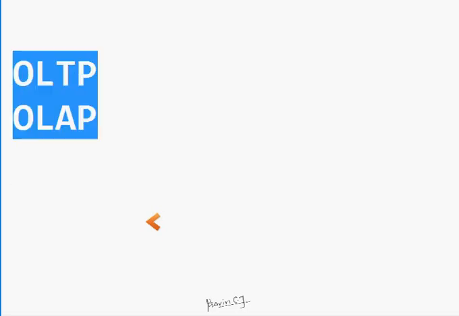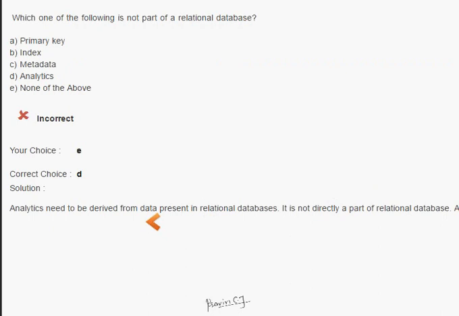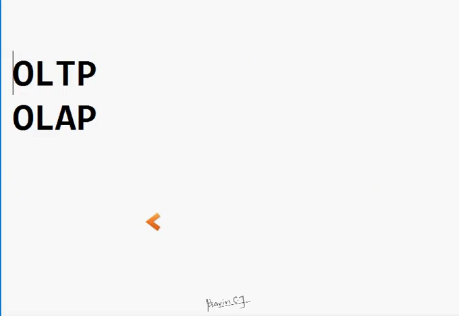In terms of the SBI IT officer examination, these are the most important terms because they have asked questions about OLTP and OLAP many times. As far as the IBPS SO IT officer exam is concerned, this much knowledge is sufficient, but you must know it in depth also, and more advanced technologies are also available.